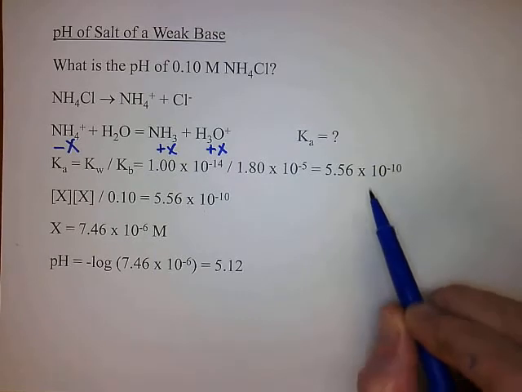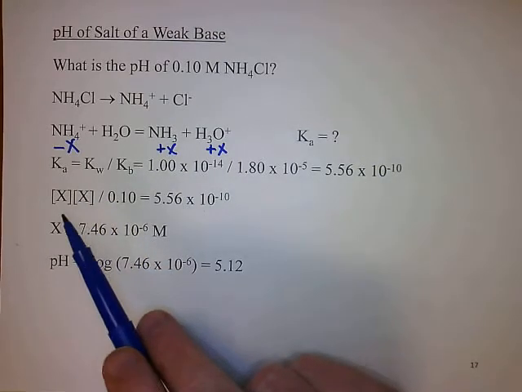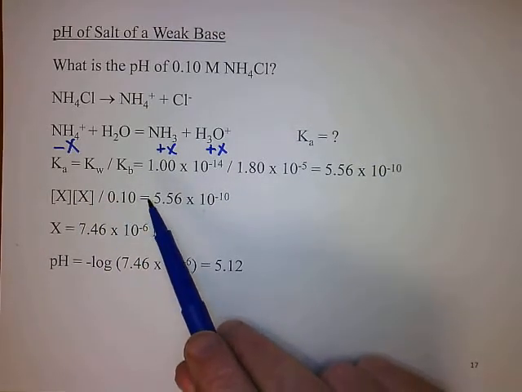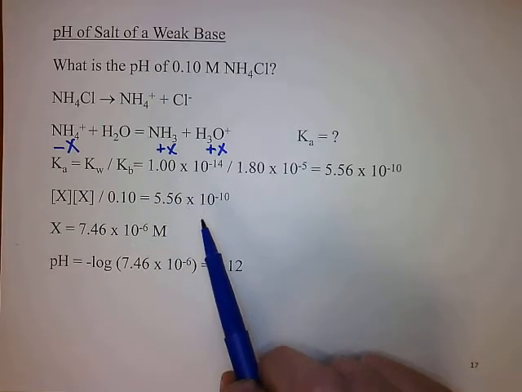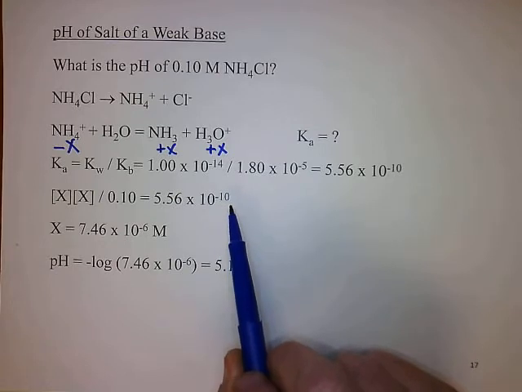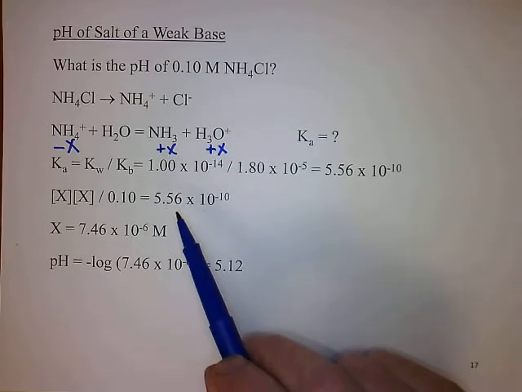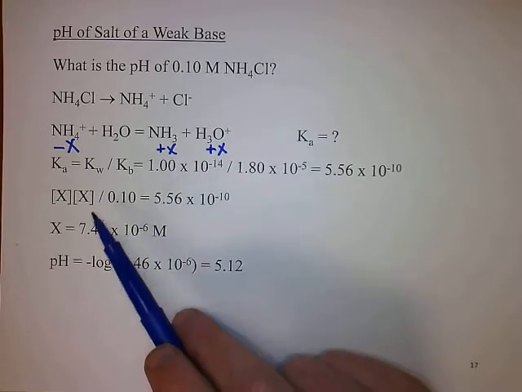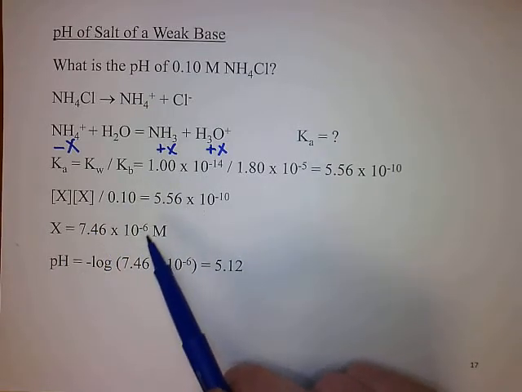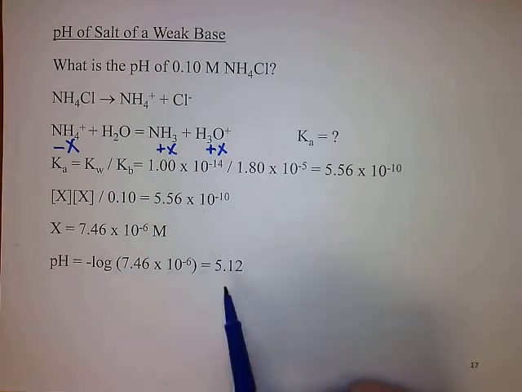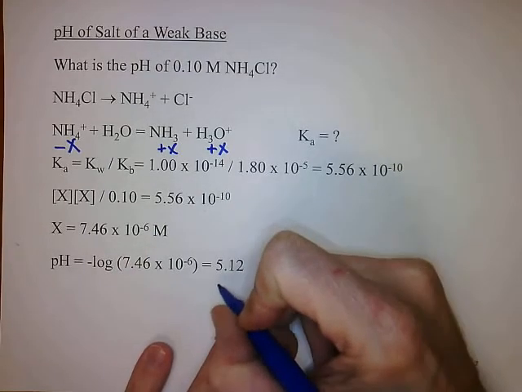So what we have to solve comes down to X squared over 0.1 is equal to 5.56 times 10 to the minus 10th. So cross multiply, take the square root, right? Same thing we got before, 7.46 times 10 to the minus 6. Take the negative log, you get 5.112.